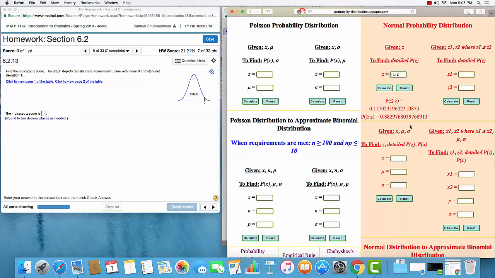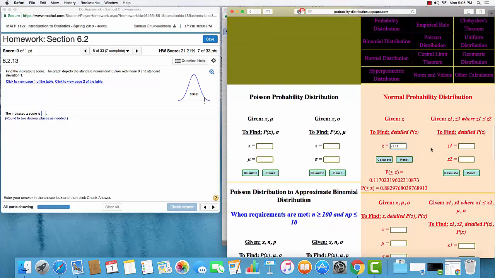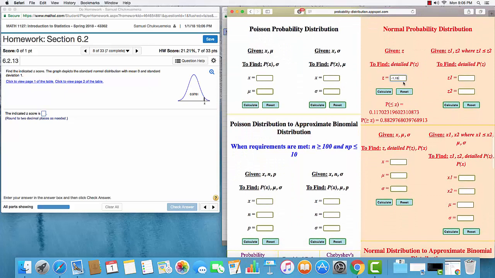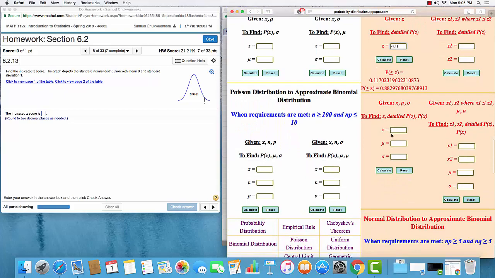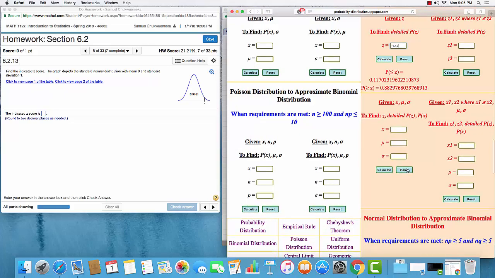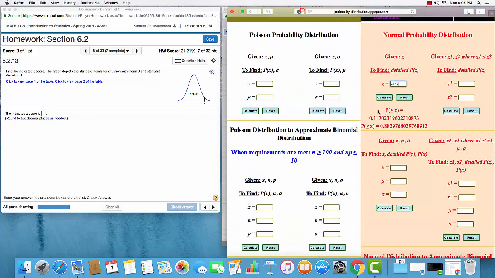So I'm going to scroll down here. This is normal probability distribution. You use this if you're asked to find the probability. When they give you the z-score and they want you to find the probability, you use this. Or they give you the variable and they want you to find the probability, you use this here. But when you're given the probability and you're asked to find the z-score, then you have to use the inverse normal probability distribution function.